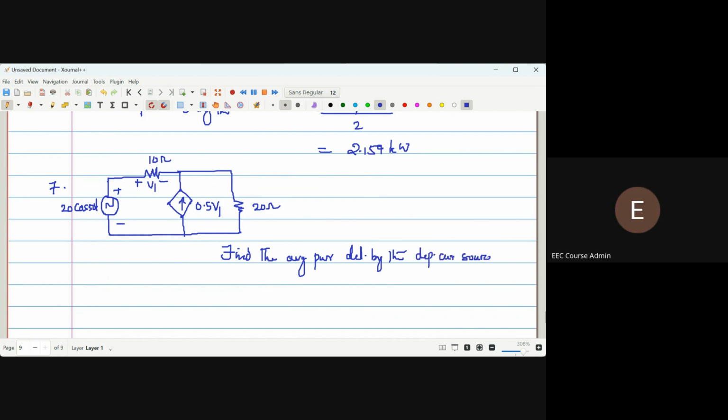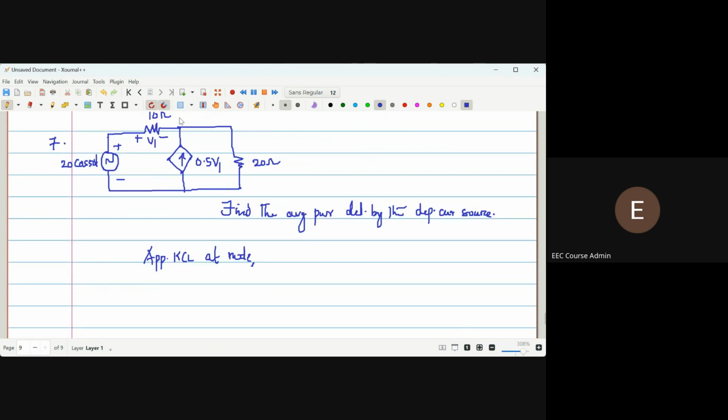Find the average power delivered by the dependent current source. So if we again consider this as V, applying KCL at this node, I can write it as V minus 20 angle 0 by 10 plus V by 20 equal to 0.5 V1.